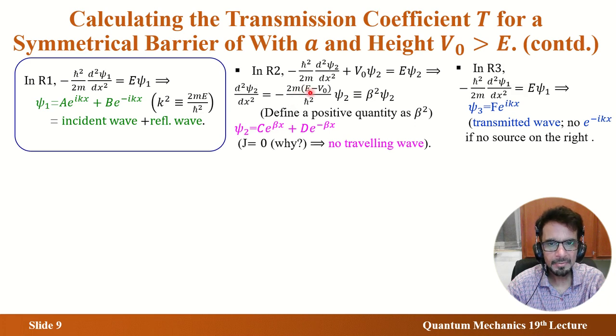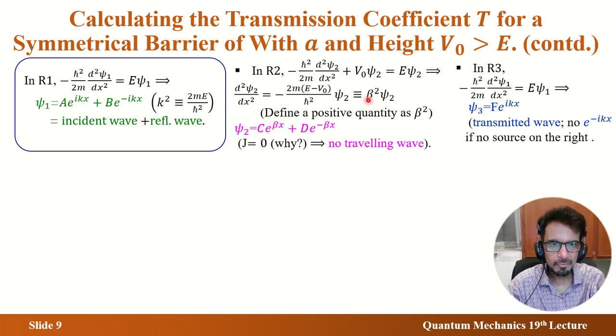Think of that. I can't take you to the graph here, but I can tell you that V0 is greater, so E minus V0 is negative. I would not like to define a negative quantity as a square, so I include this negative as well. This whole quantity is positive, and that I call beta squared.